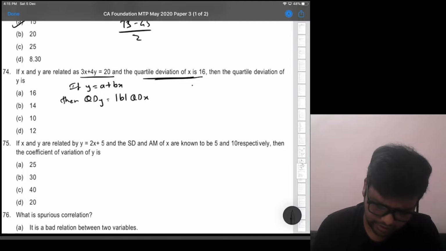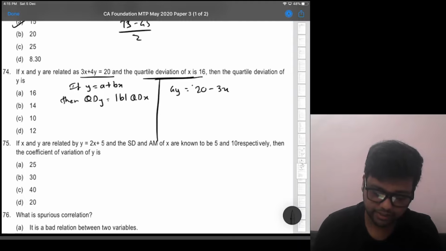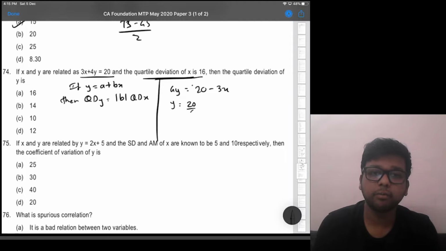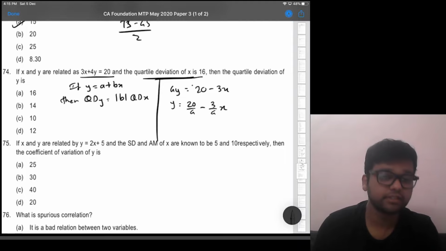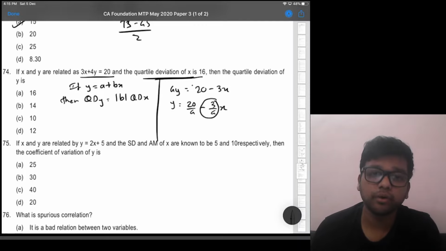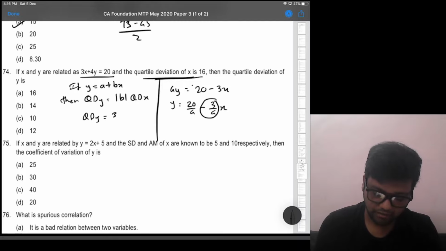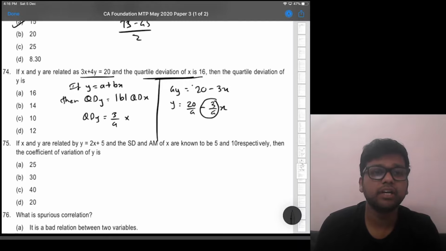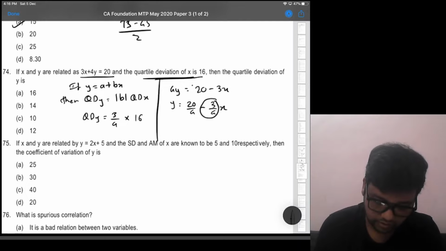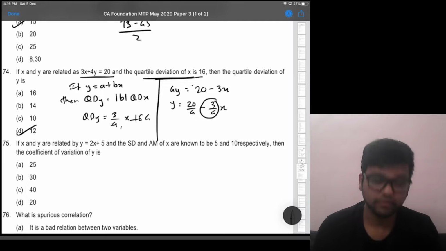So again, let's rearrange that. 4y will be equal to 20 minus 3x. That means y will be equal to 20/4 - (3/4)x. That means this is the change of scale. So QD of y will be 3/4, the positive value of change of scale, multiplied by QD of x, which is 16. So that will be 12. Option D.